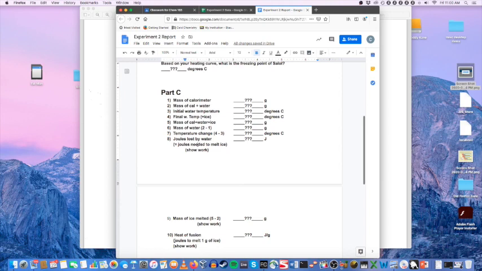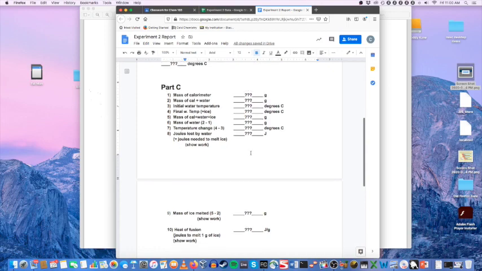The temperature change is obviously the final temperature minus the initial temperature, so it's a negative temperature change. And then the energy lost by the water is found with the heat equation, so type out the heat equation, substitute your values, and then give me the answer.